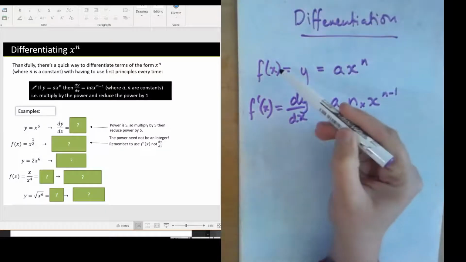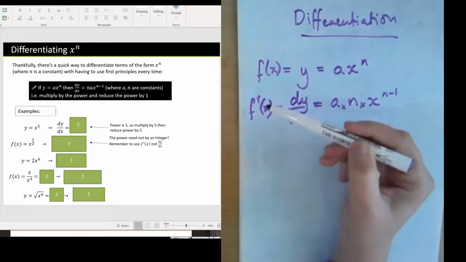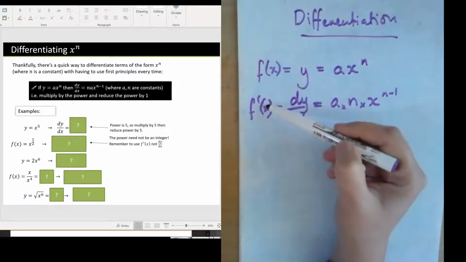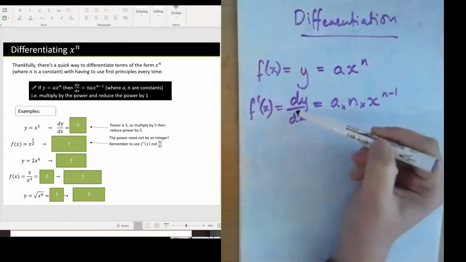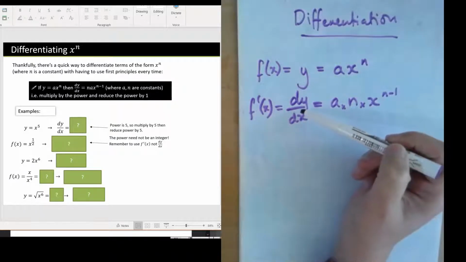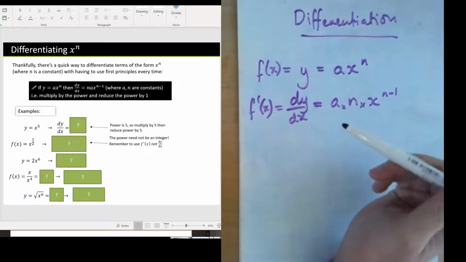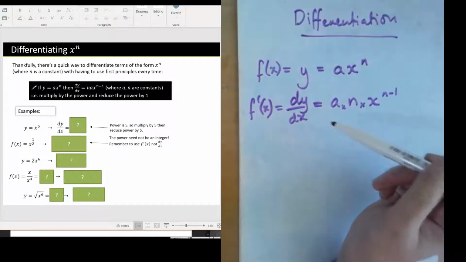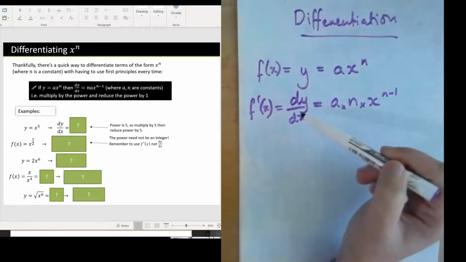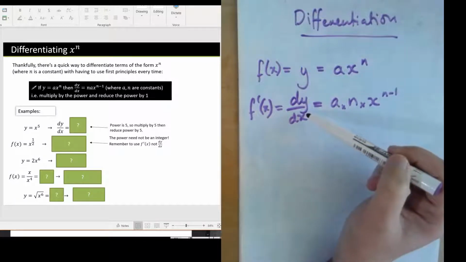If you are talking about f of x, you would be expected to write f apostrophe x to show that it's the first differential. If you have a y, you're expected to write it this way. So if I have this, I'm not expecting you to write dy over dx. It's just something to think about. Quite a lot of people do use this terminology, and I've had plenty of people, instead of writing f of x, just write y of x and then put dy dx.